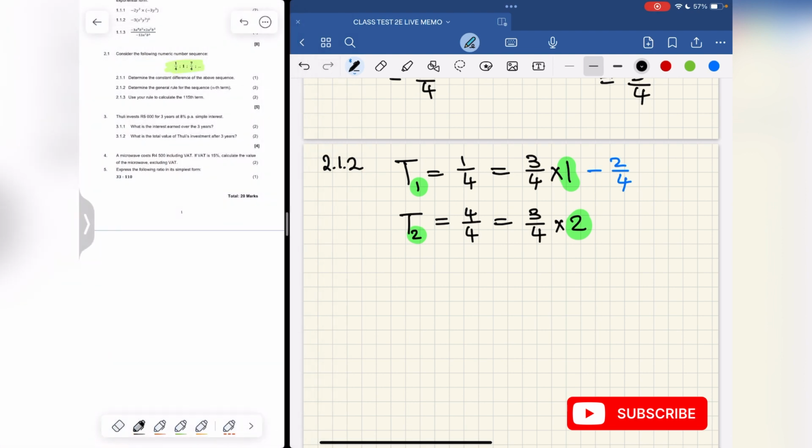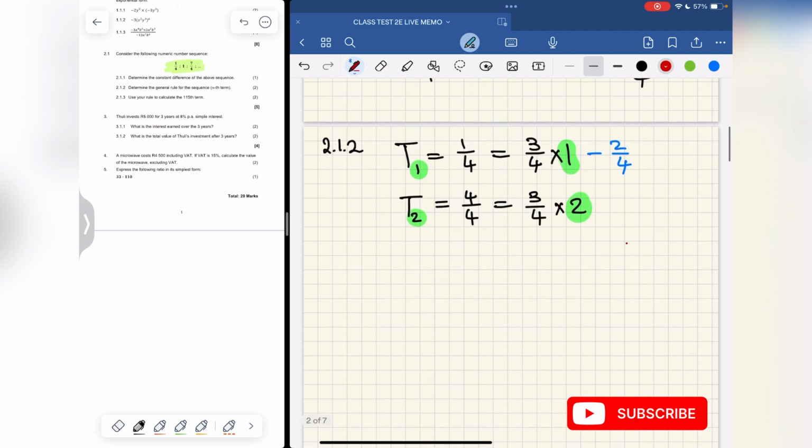I actually won't use the calculator, because that's not a nice calculator to use. So 3/4 times 2 over 1 gives us 6 over 4. So 6 over 4 is not 4 over 4. So what do I need to do to 6 over 4? To get to 4 over 4, I need to subtract 2 over 4.